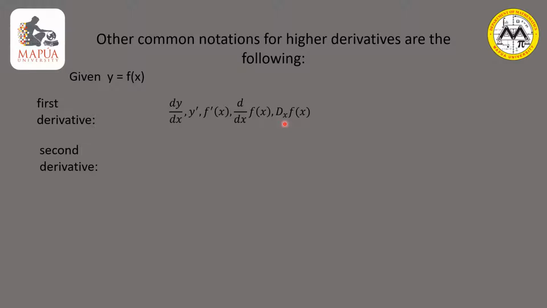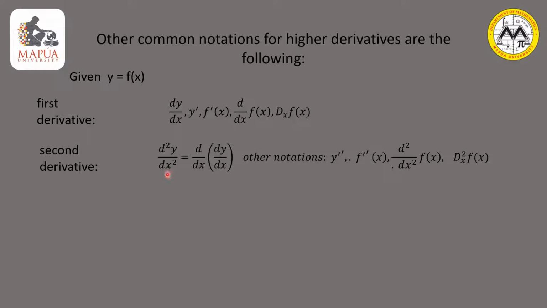The second derivative of y with respect to x is denoted with the symbol d squared y dx squared, read as the second derivative of y twice with respect to x. This is defined simply as the derivative with respect to x of the first derivative of y with respect to x.